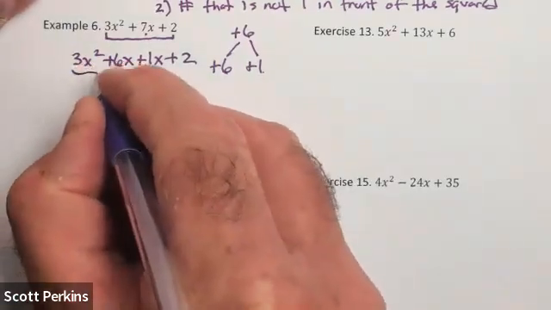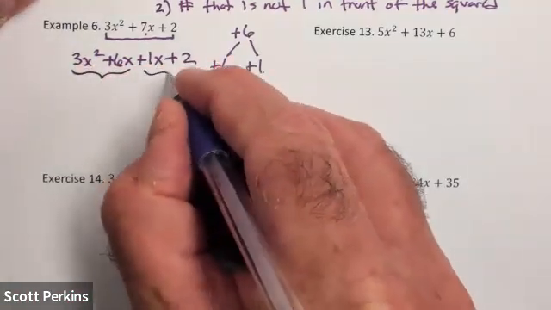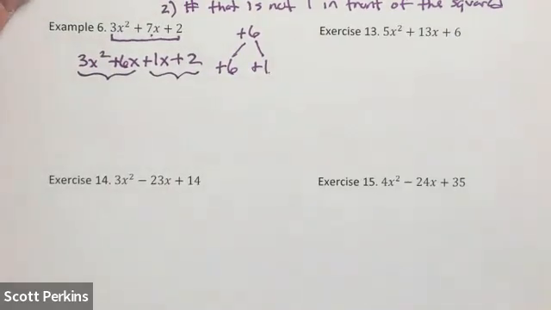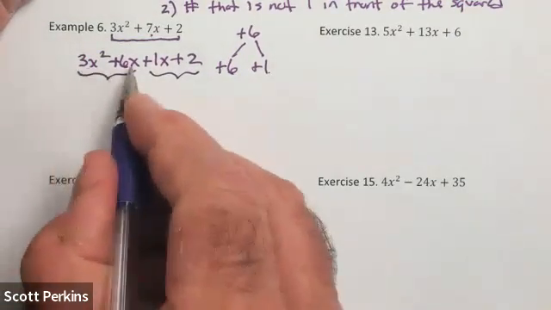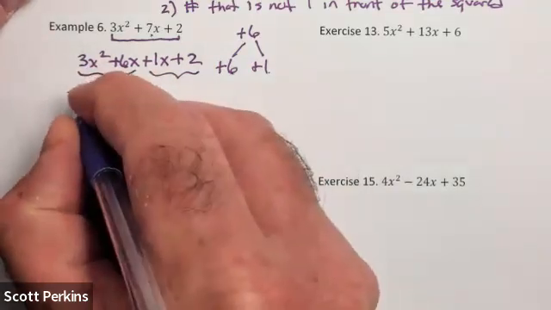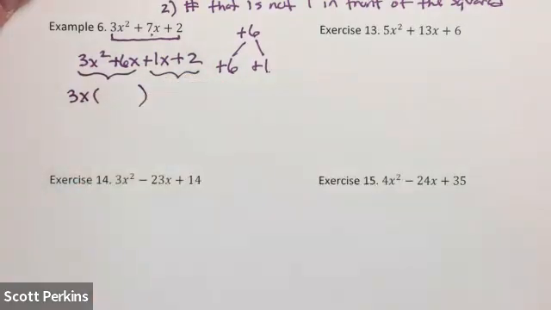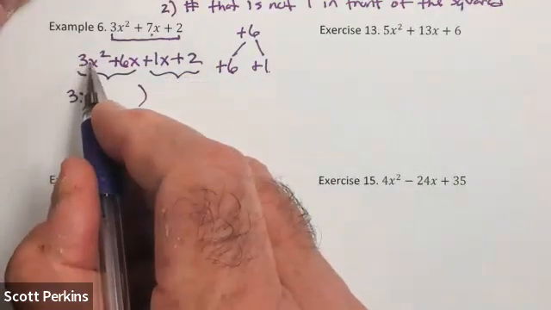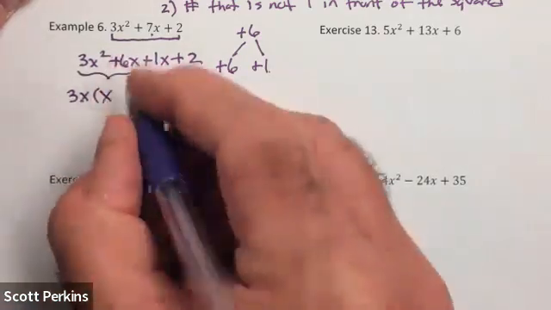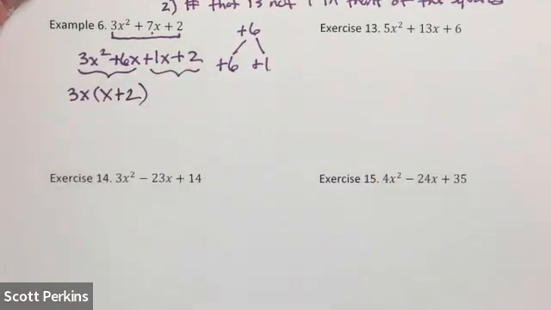I can look at the first 2 terms by themselves and the second pair of terms by themselves. The first pair of terms, 3x squared plus 6x, have a 3x in common. 3x squared divided by 3x leaves me x. 6x divided by 3x leaves me plus 2.